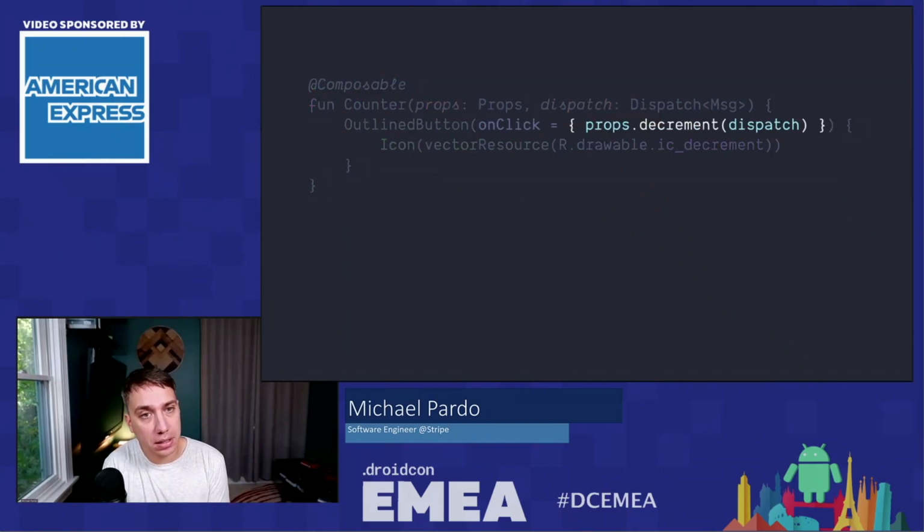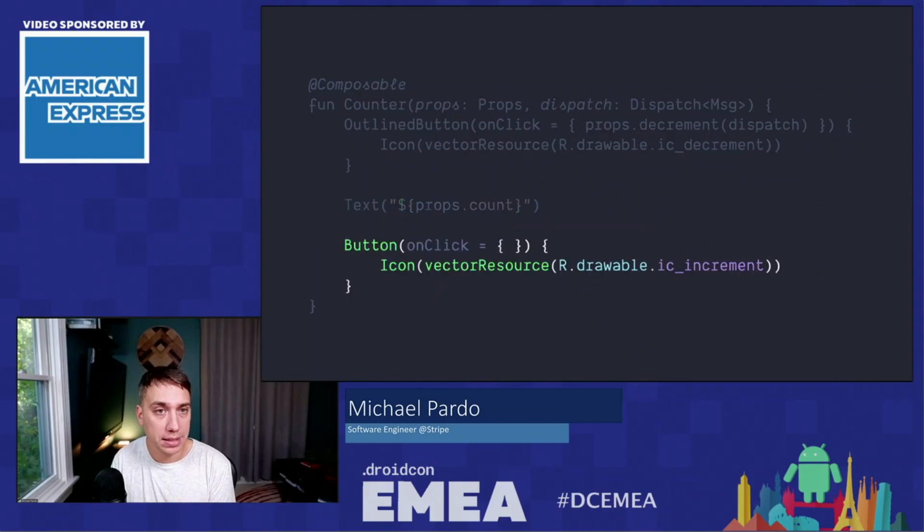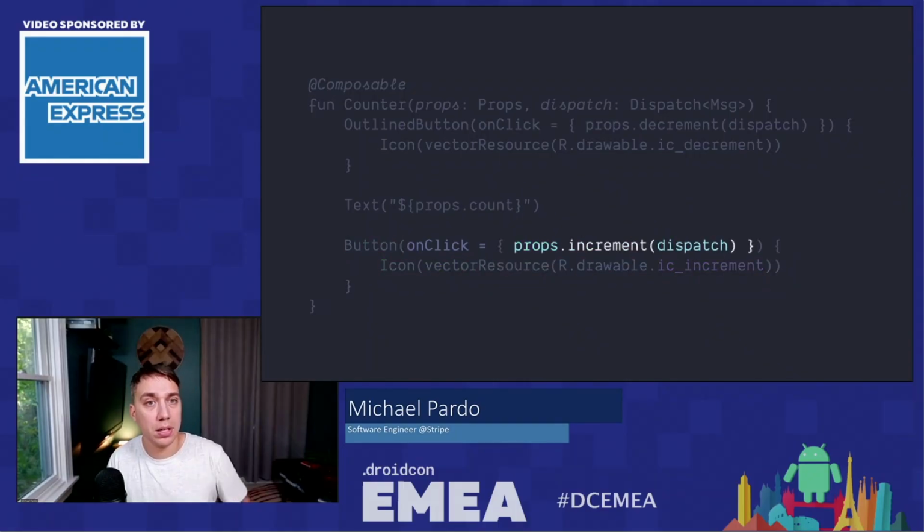And in the onClick listener, we call props.decrement, passing in dispatch. Next, we create a text and set the value to be props.count. Lastly, we create the increment button with an up arrow icon. And in the onClick listener, we call props.increment with dispatch.